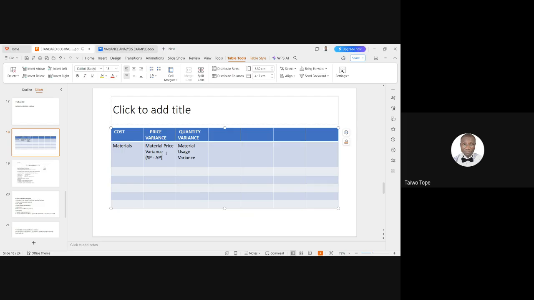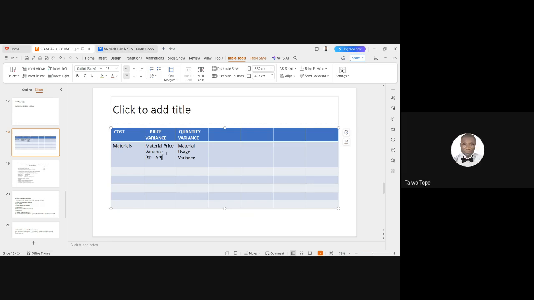Now, this standard price less the actual price of the material will be weighted with what? The actual quantity purchased.